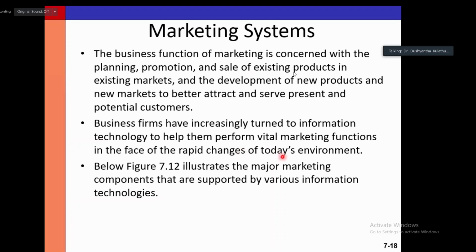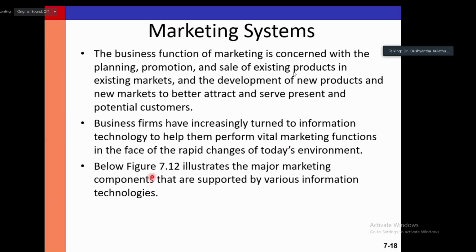If we cannot respond to market changes quickly, we may face a number of problems, and it can even pose problems in relation to the survival of our organization. So responding to the changing environment is very critical. Therefore, the marketing division may be depending upon information technology to perform these marketing activities more effectively.